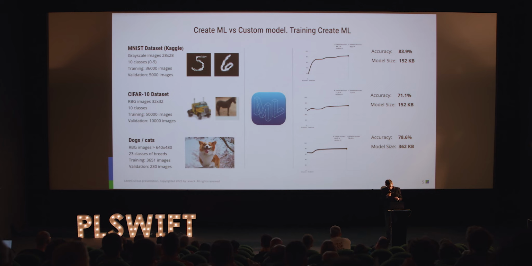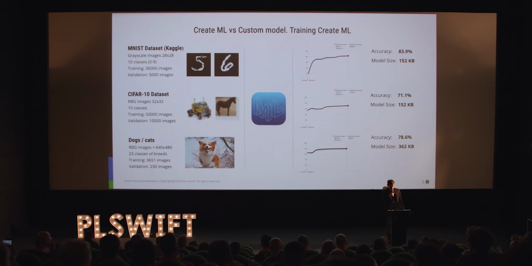That is why the third data set is not as big as the previous ones, but has bigger images. What we actually did with all of these data sets was, as I mentioned, use drag and drop and feed them to CreateML. For the first one, the accuracy is like 83%, almost 88. The model size is 152K.